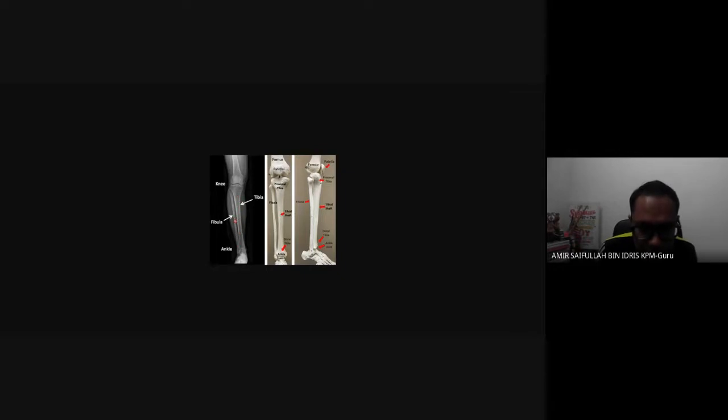At the back of tibia there's a fibula. And then nampak tak ini? Dekat tulang ni, dekat depan sini ada satu patella. Kepala lutut. Right, and then here is the tarsal, metatarsal and phalanges. Okay, clear?